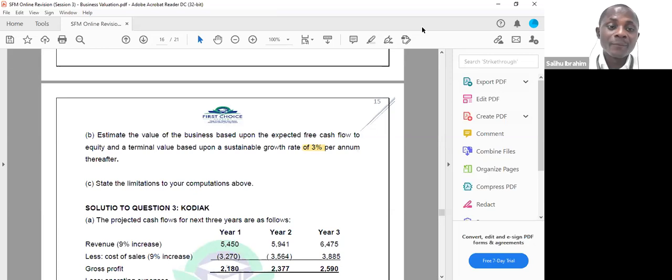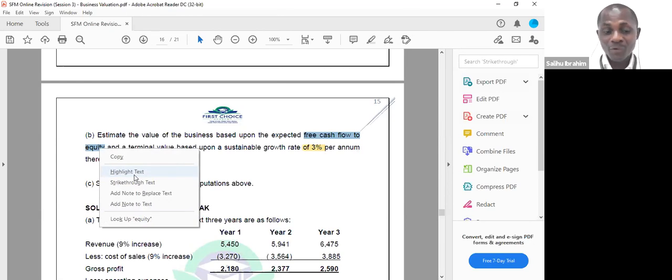We did not calculate the value of the firm. Look at what the question asks you to calculate: evaluate the value of the business based upon the expected free cash flow to equity. So when you discount free cash flow to equity, you get the market value of equity.